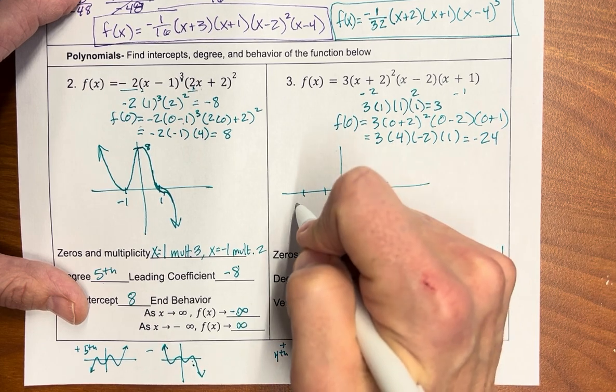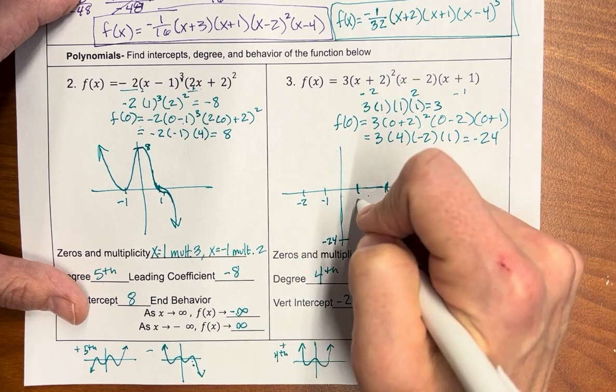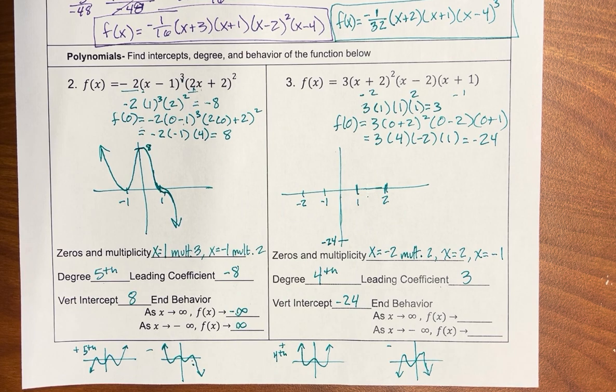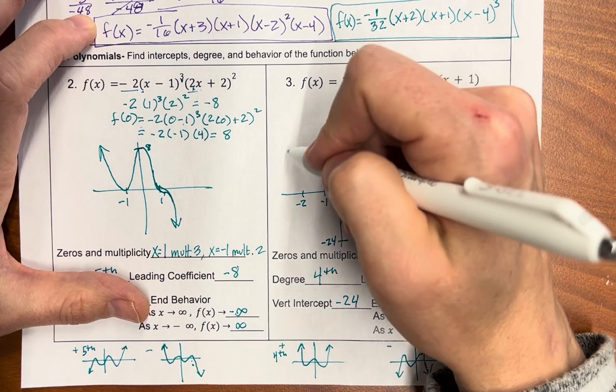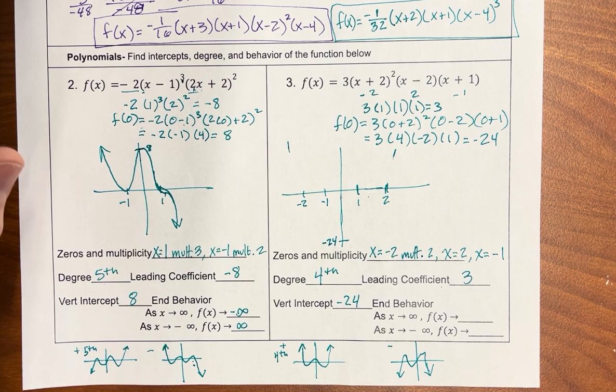Again, this is just a sketch. We're not worried too much about scale and accuracy. We just want to know where it crosses the x and y axis. So it ends up and up because it's a positive leading coefficient and it's 4th degree. Okay, so up and up is going to be the ends.